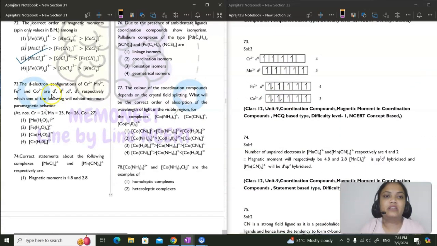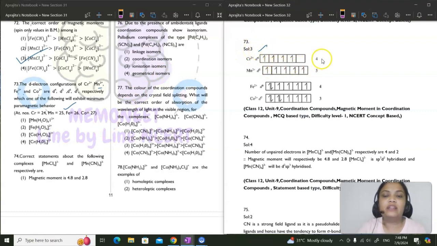Question number 73, the d electron configurations of chromium 2+, manganese 2+, iron 2+ and cobalt 2+ are given. Which one of them will exhibit minimum paramagnetic behavior? Again you need to see the number of unpaired electrons. Chromium 2+ is d4, so there will be 4 unpaired electrons.